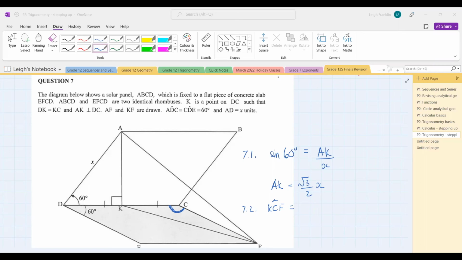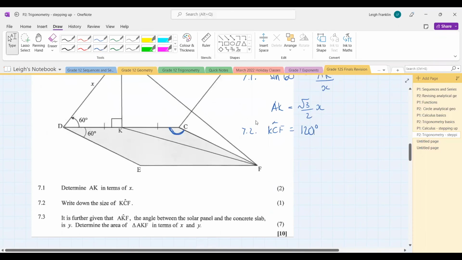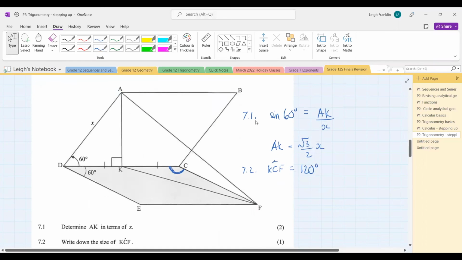So KCF would be 120 degrees in size. Does that make sense? Everybody happy with that?